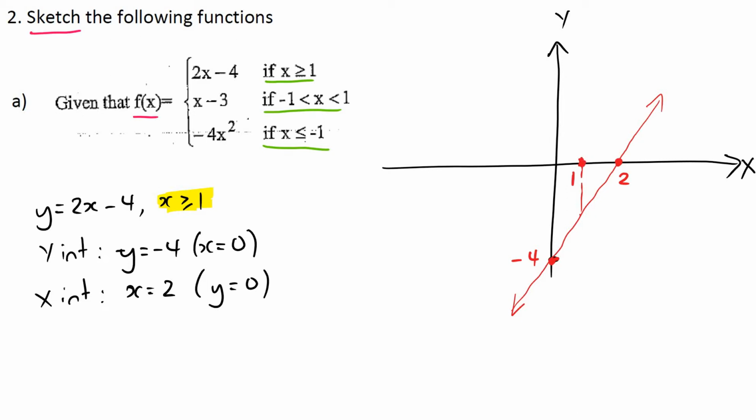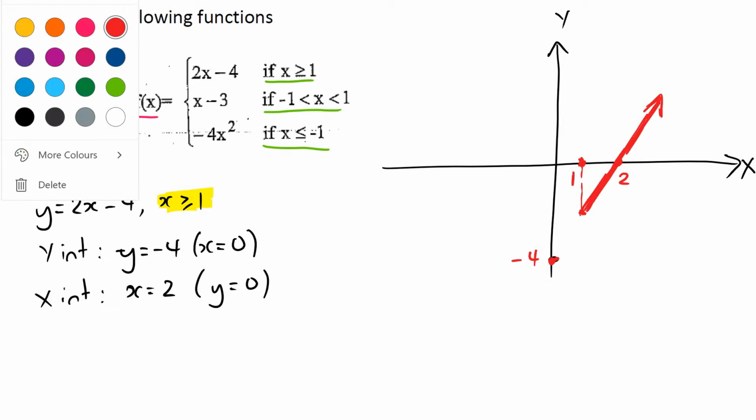Hence, the only part which I really need is anything from this point onwards, like that. I wouldn't recommend shading a line like this in a test. Just rub out the section that you don't need. I'm just shading darker to show you that this is the part of the graph that I keep. Okay, so that's the first graph.